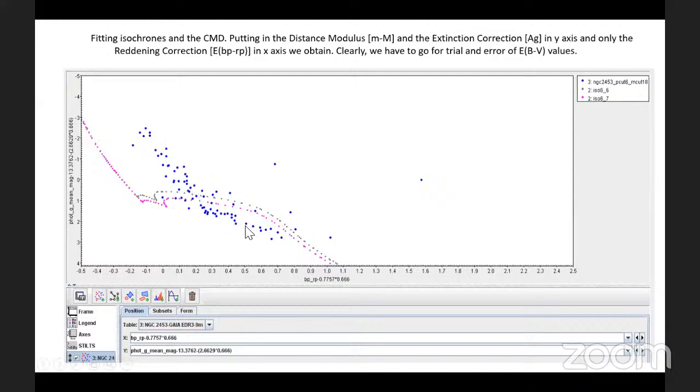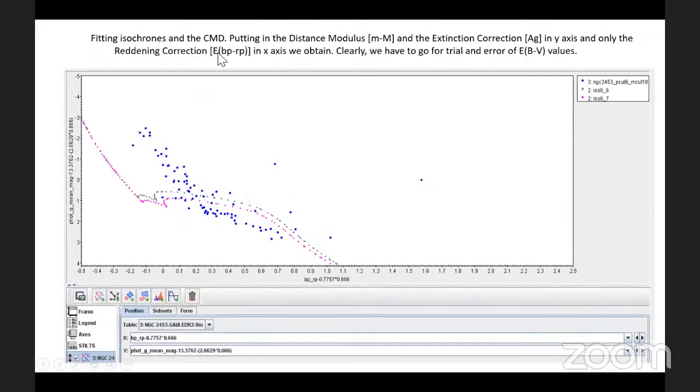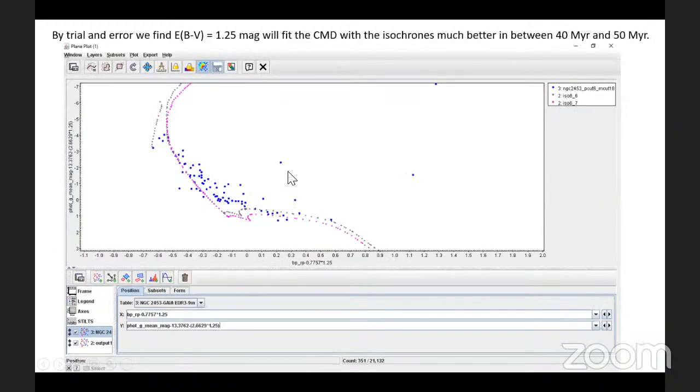It is not a proper fit, at least visually. So I go ahead with trial and error values of reddening E(B-V), and instead of 0.666, I take 1.25 magnitudes of reddening.